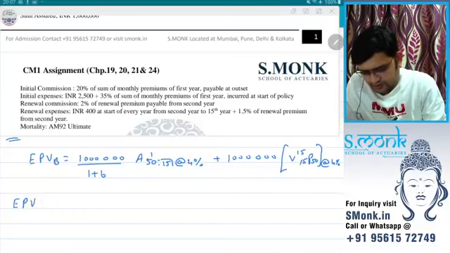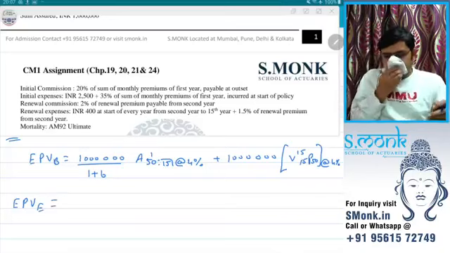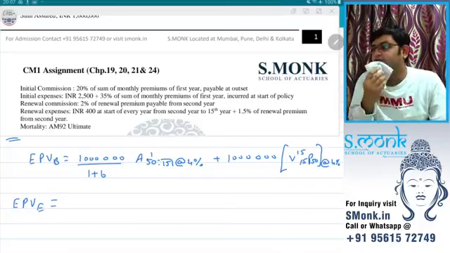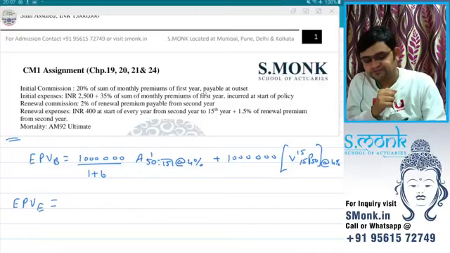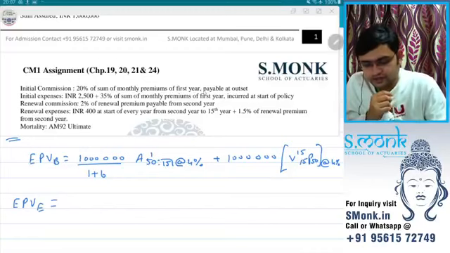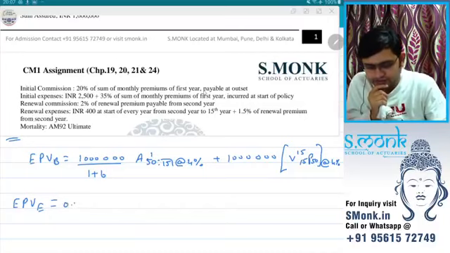What about the expected present value of expenses and commission? Initial commission is 20% of the sum of the monthly premium of the first year, payable at the outset. So 12p would be the complete premium that we are talking about, 20% of that, so 0.2 into 12p.